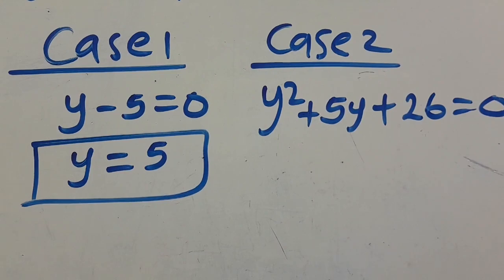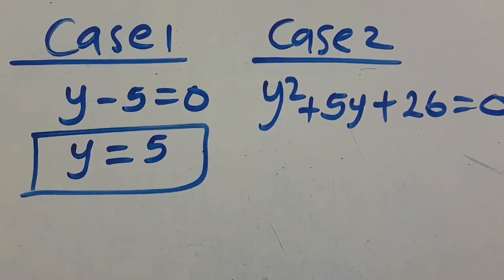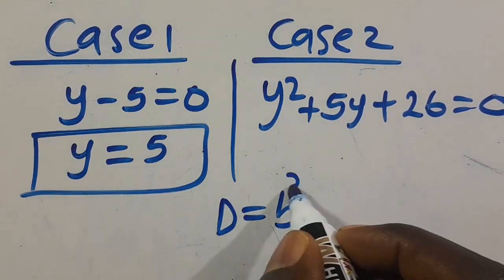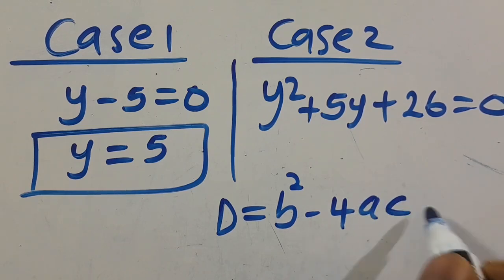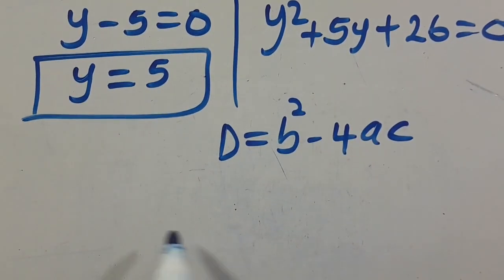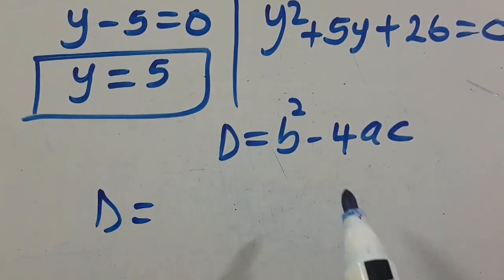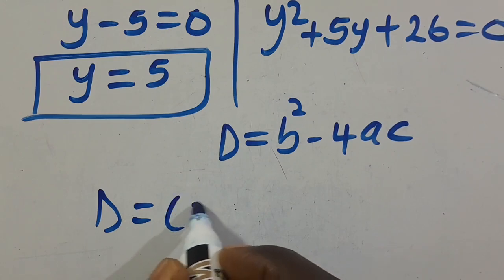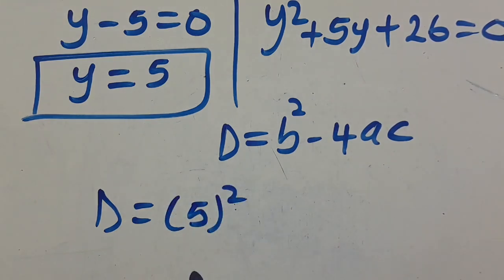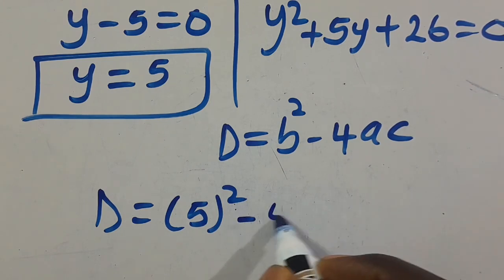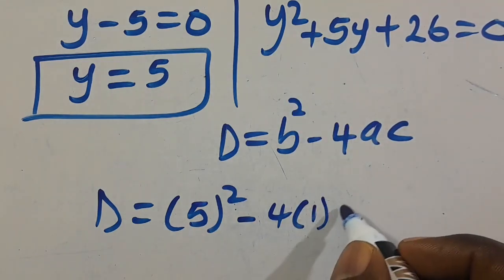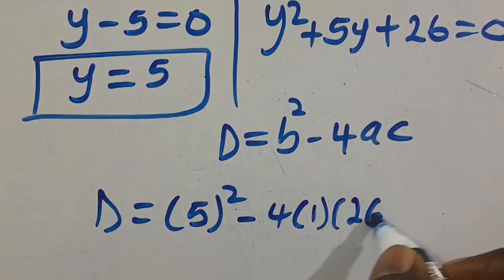Then let's test, because we're actually looking for the real solution. We have d equals b squared minus 4ac, where the coefficient of y is our b. So here will be 5 squared, then minus 4 times the coefficient of y squared, which is our a, 1, times the constant 26.